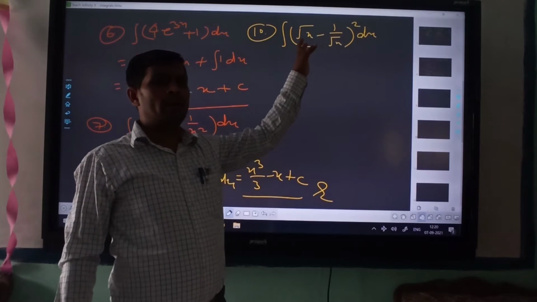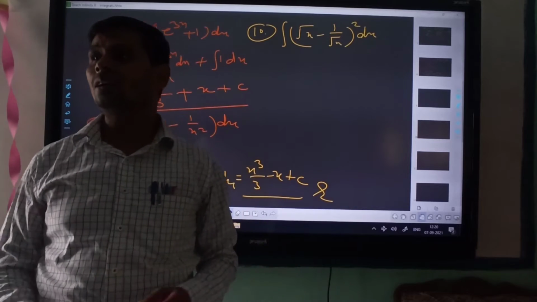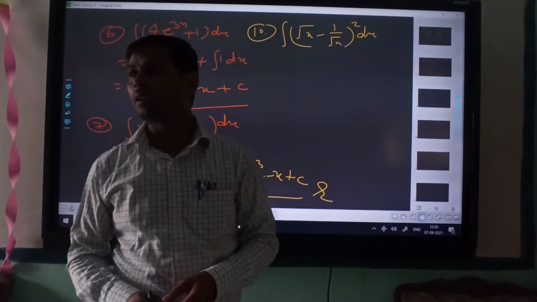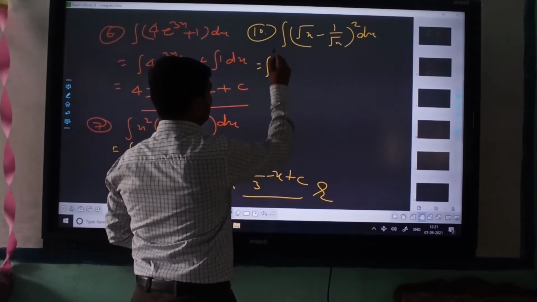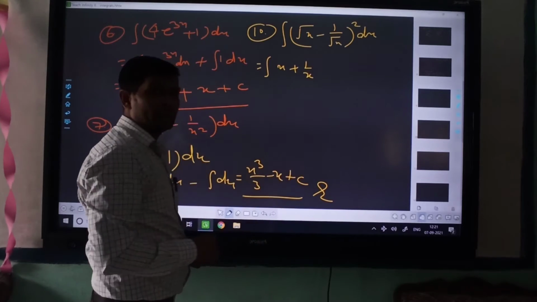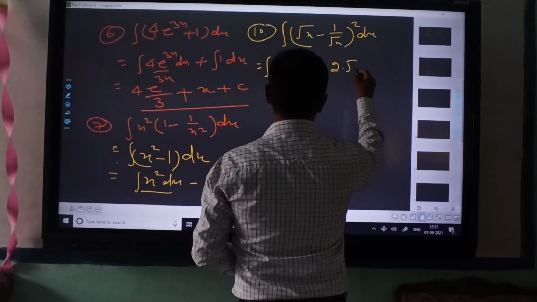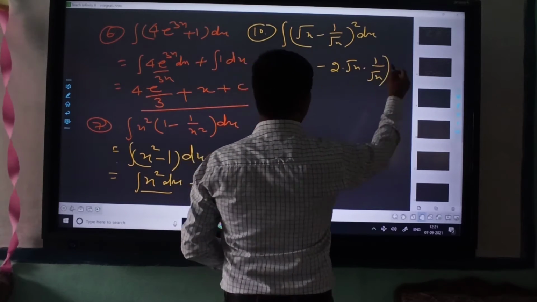Directly it will be a little difficult, better that first of all you should open the bracket by applying the formula a minus b whole square. After applying the formula of a minus b whole square, this gives us x plus 1 upon x minus 2ab, root of x into 1 upon root of x, dx.